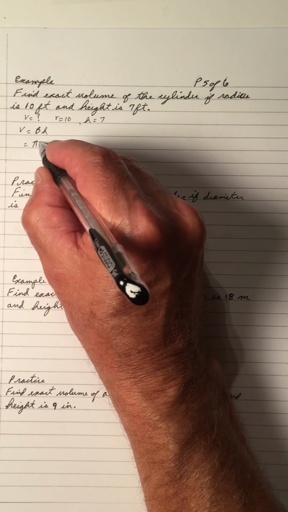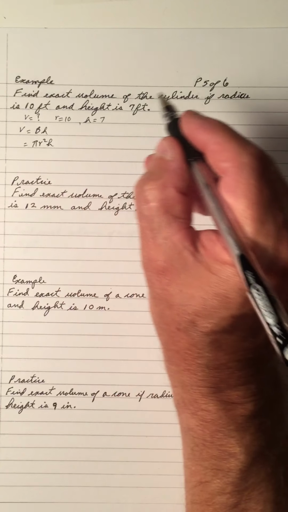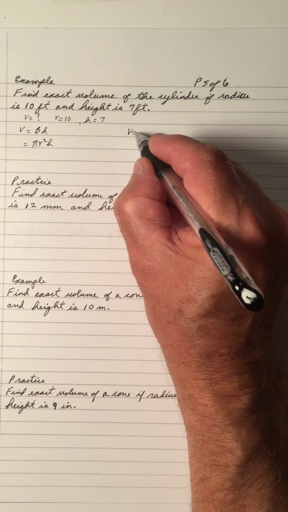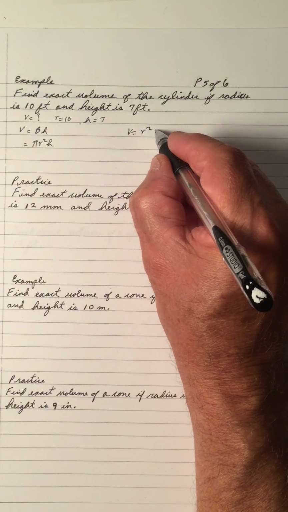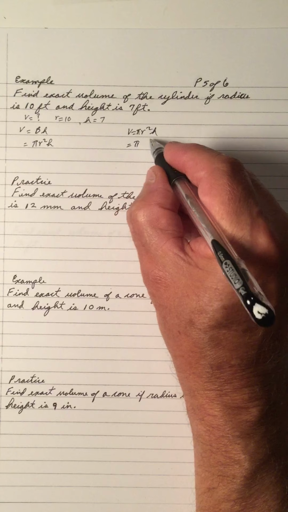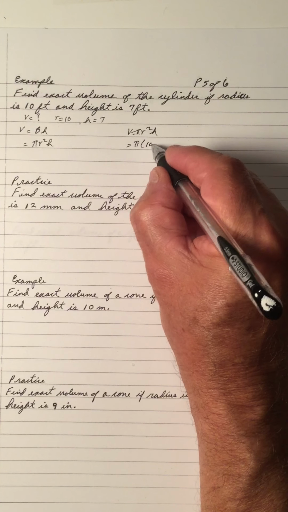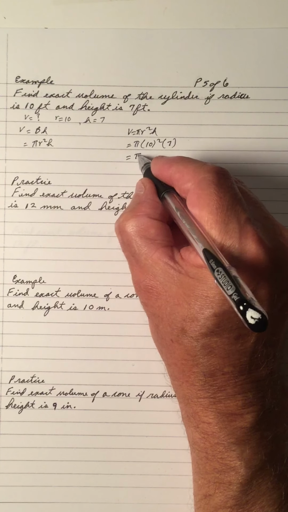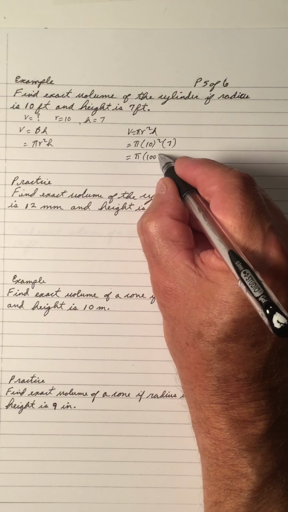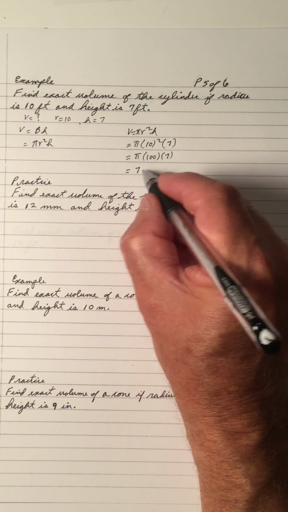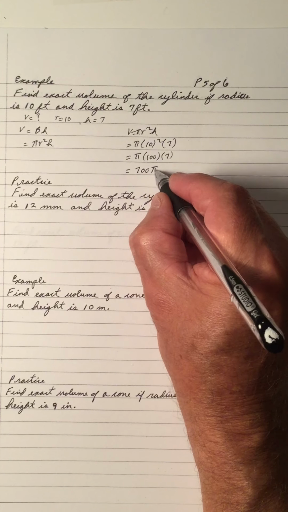So it's pi r squared times h. Pi, r is 10, so it's 10 squared. The height is 7. So 10 squared gives me 100 times 7, that's 700 pi.